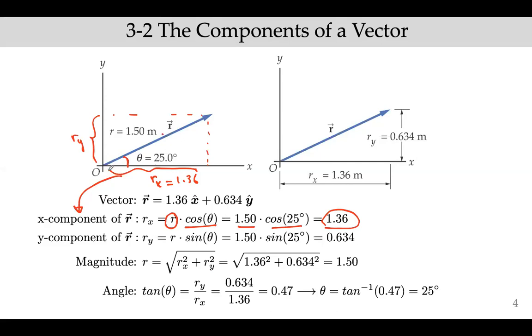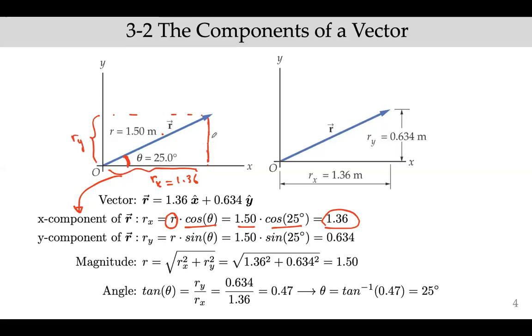Are you going to use cosine or sine to find this part? Well, this is adjacent to the angle, so you have to use cosine. And when it's opposite, this part, you have to use sine.